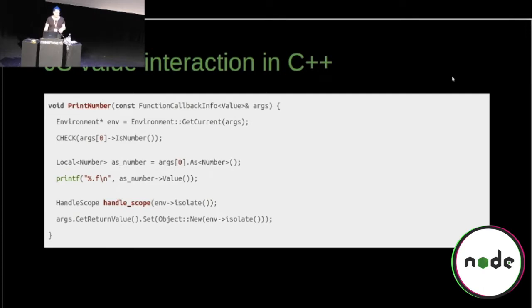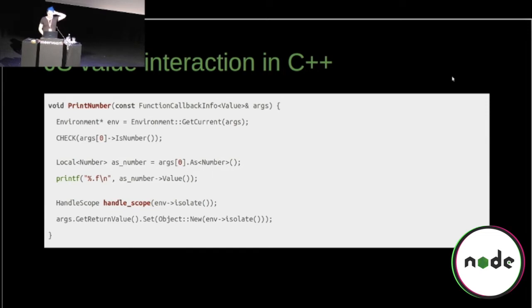Again, this is a quick example of how to interact with JavaScript values from C++ functions, because obviously you have to provide the ability to call C++ code from JS, and also the other way around. I'm not going to explain all of that in detail.